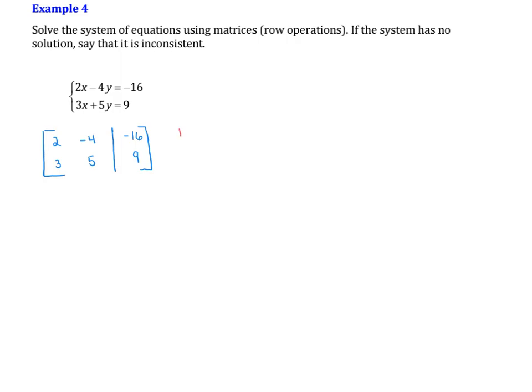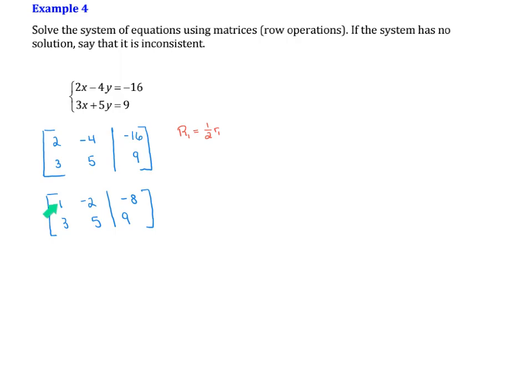This would mean that row 1 would equal 1/2 of the old row 1. The result would not change row 2, but the new row 1 will be 1, -2, -8.